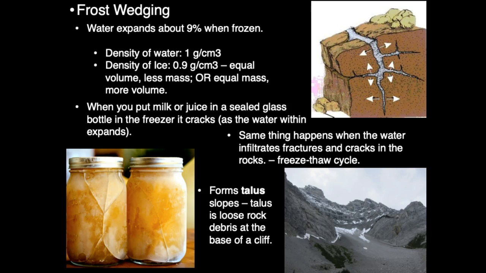Overall, frost wedging causes a lot of the physical weathering that we see, especially in mid-latitudes where you get freezing temperatures. This is the main weathering process that's responsible for creating talus slopes, for example, as you're seeing them in the bottom right picture.